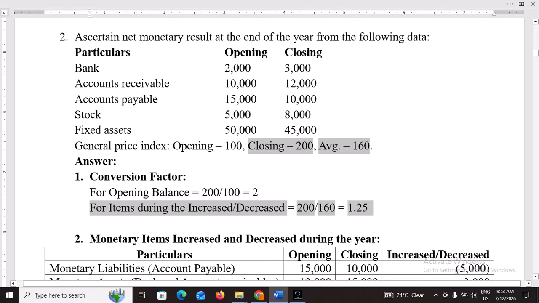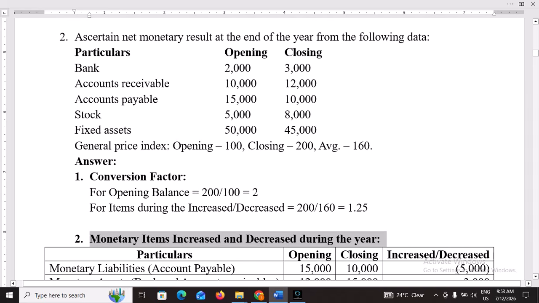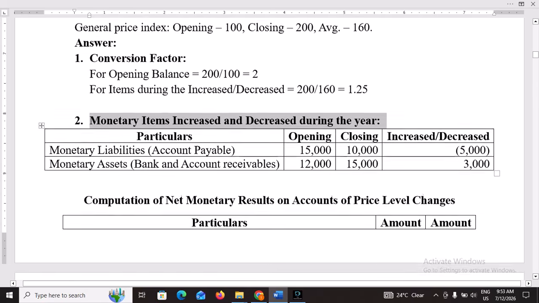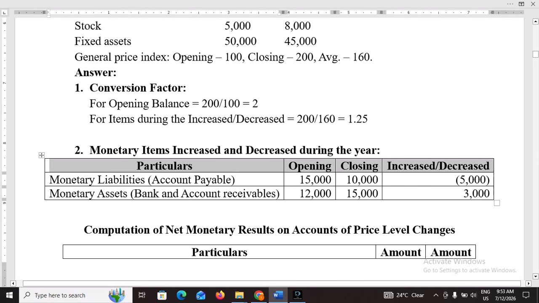Now, monetary items increased or decreased during the year. Particulars: opening, closing, increase or decrease.